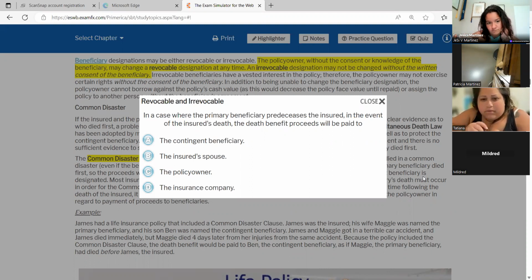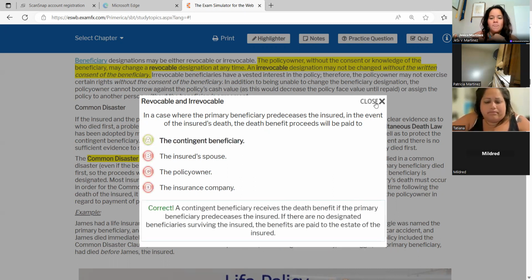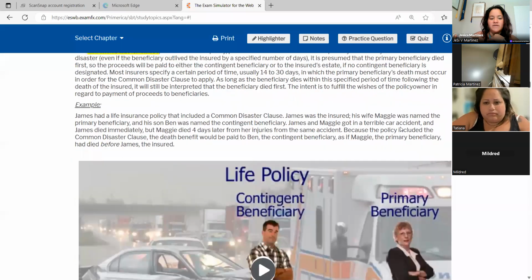In the case of primary pre, always think as before deceases. So it died before the insured. So the primary is gonna go to the contingent. Yeah, to the second one. Yep. Goes to the contingent beneficiary.